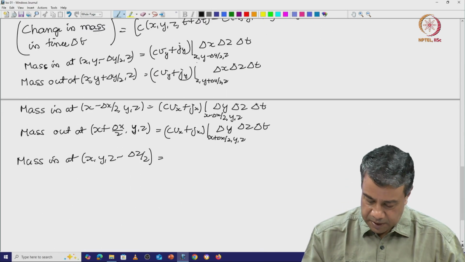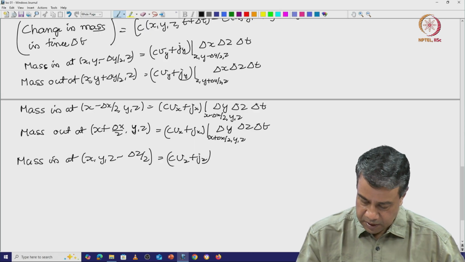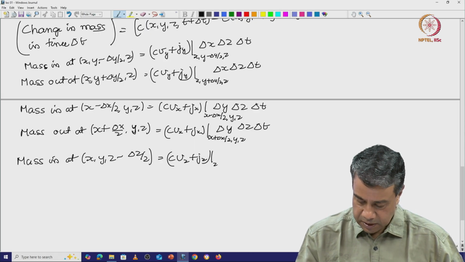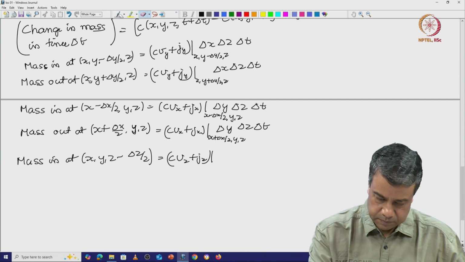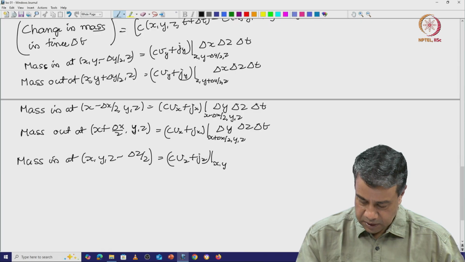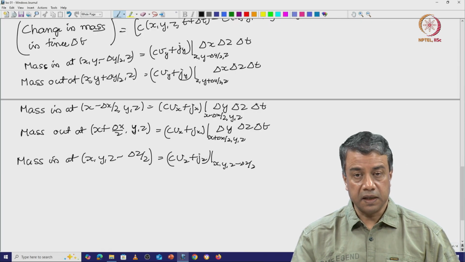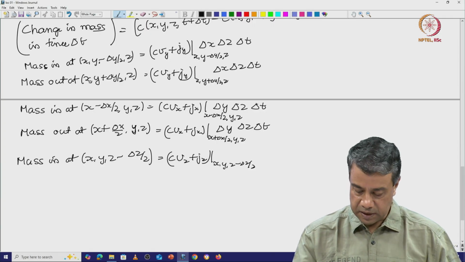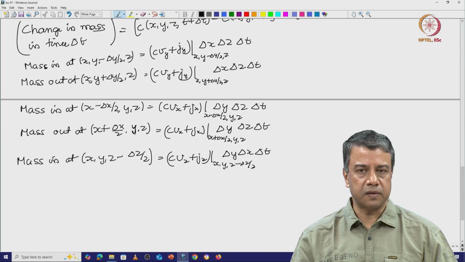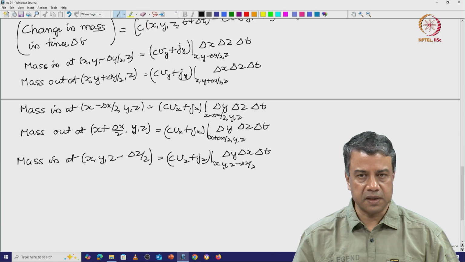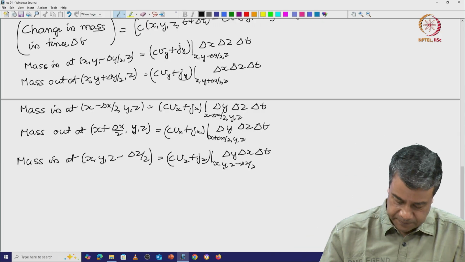This will be equal to C Vz plus Jz at x, y, z minus delta z by 2 into the area perpendicular to the z direction, which is delta x times delta y, times delta t.